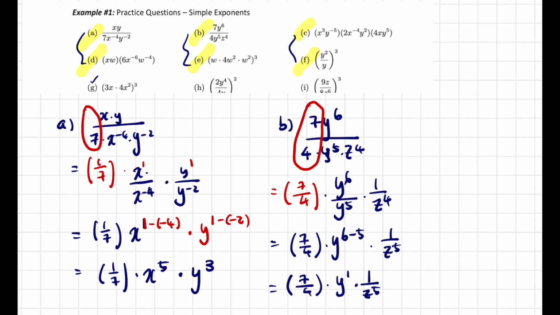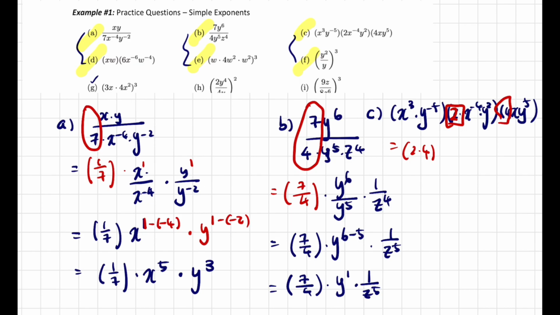Okay, then same thing with question C. We have x to the power of 3 times y to the power of negative 5, 2 times x to the power of negative 4 times y to the power of 2, 4x y to the power of 5. So we are first going to collect the like terms, meaning we're going to take the numbers out first. So 2 times 4, and we're going to take the x's out.